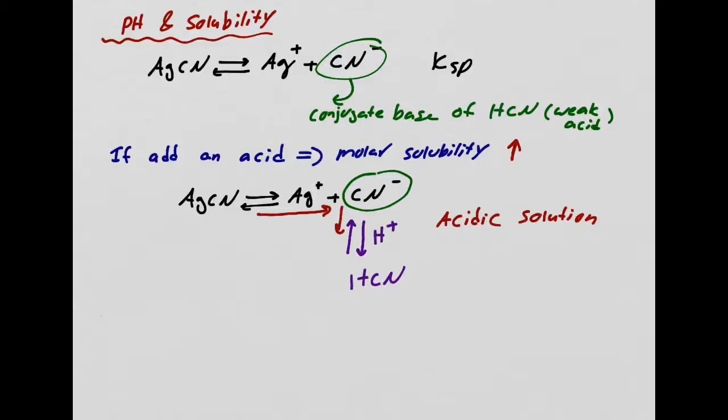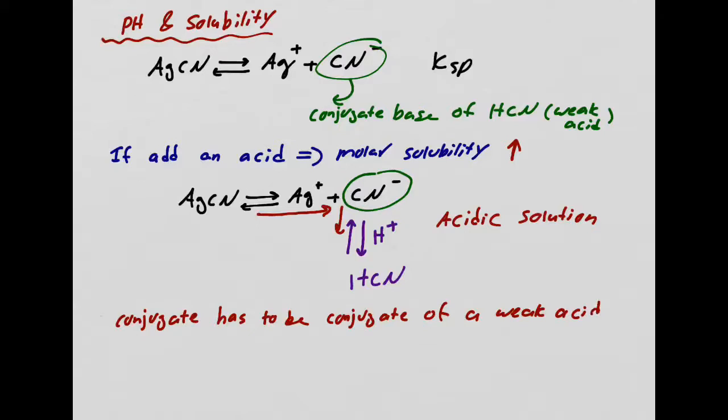Now, here is a crucial side note. The conjugate has to be a conjugate base of a weak acid. Why is that? In order for this to happen, the conjugate has to be a conjugate of a weak acid.